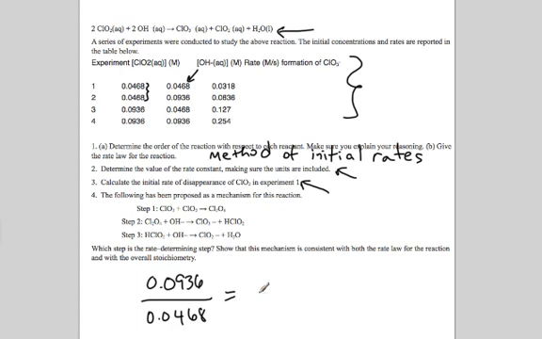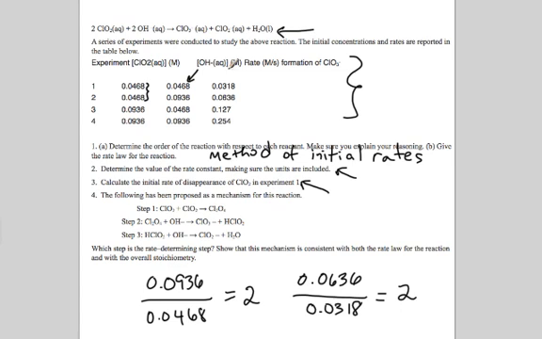Then you do the same thing using the same two experiments. So now I'm going to take 0.0636, that's my rate, over 0.0318. And that's also a doubling. So the order for OH minus is 1.